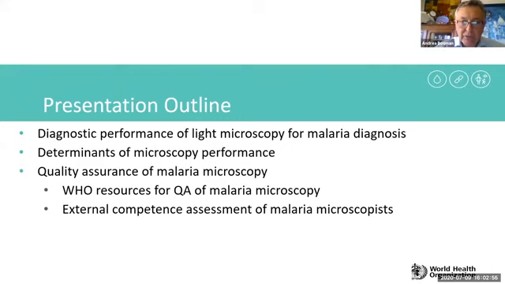We will look into the diagnostic performance of microscopy and what the major determinants are. It is a very important instrument and extremely precious, but often is not well done. There are a lot of complexities and the results are not very reliable. And we will describe some of the resources that we have for quality assurance.